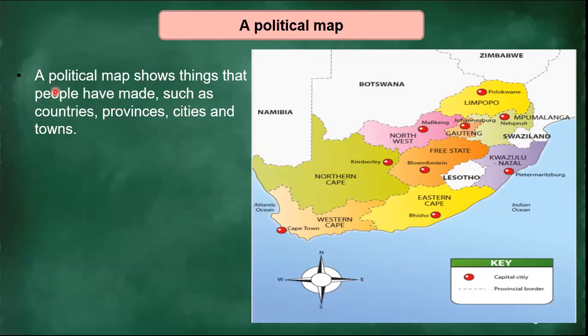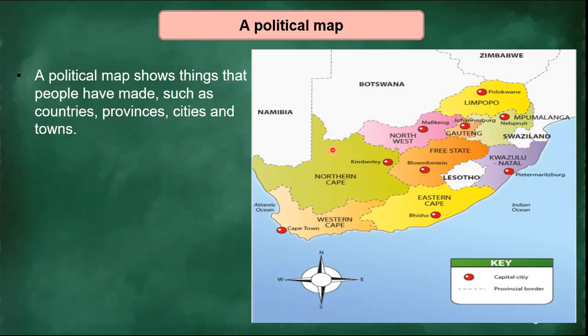A political map shows things that people have made. I told you that a physical map has natural things. A political map has the things that have been made by people like me, such as countries. We name countries according to the way we want.